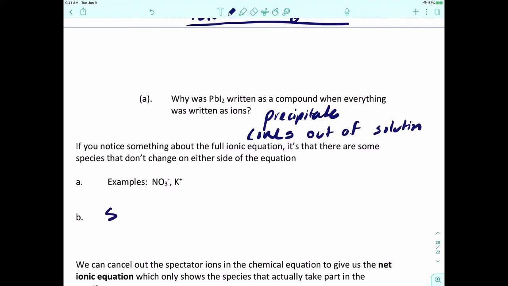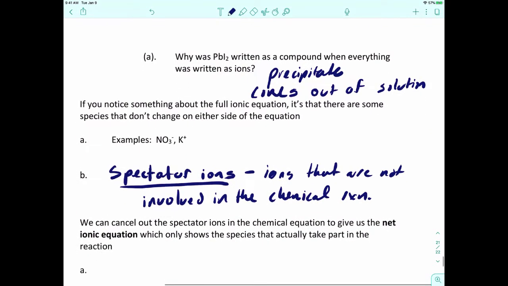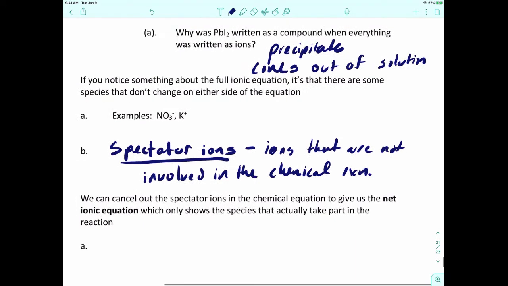We call these spectator ions. These are ions that are not involved in the reaction. So in that case, potassium ion and nitrate ion are spectator ions for this particular reaction.